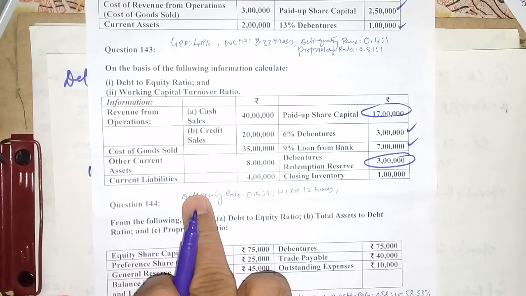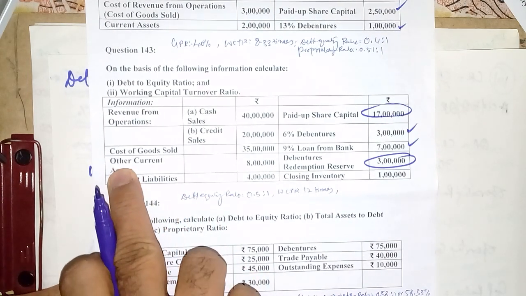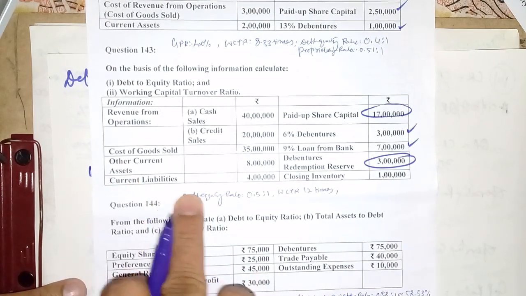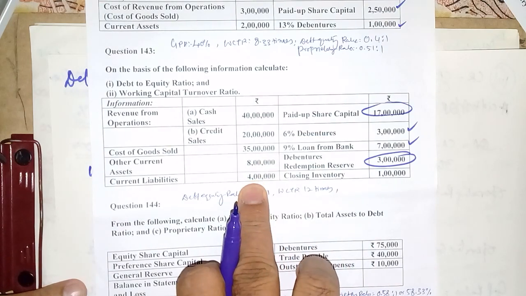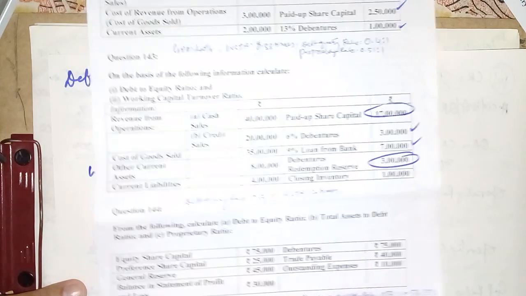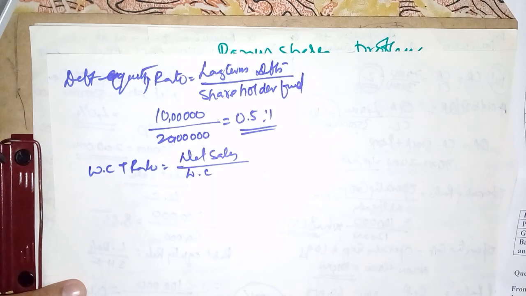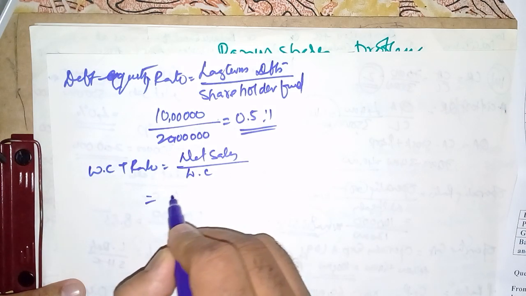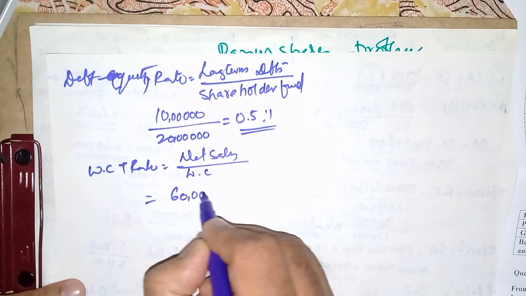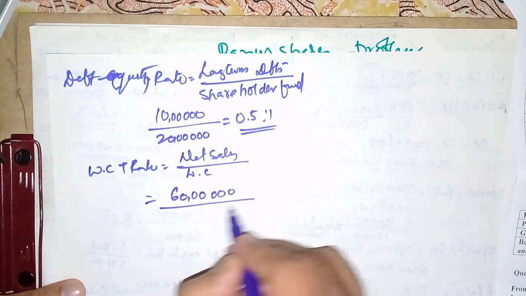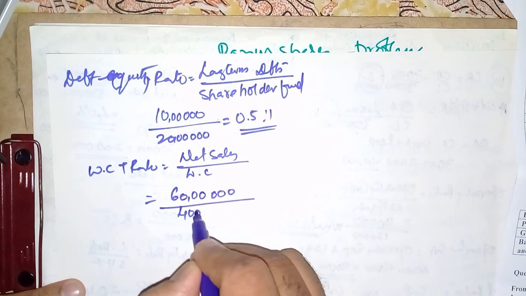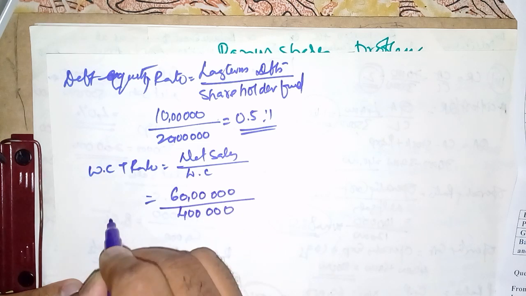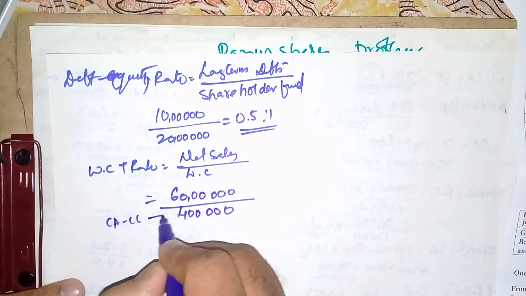For working capital, we have current assets and current liabilities. 8 lakhs current assets minus current liabilities 4 lakhs is working capital, 4 lakhs. So therefore the answer is 60 lakhs divided by 4 lakhs, which is current assets minus current liabilities, CA minus CL.